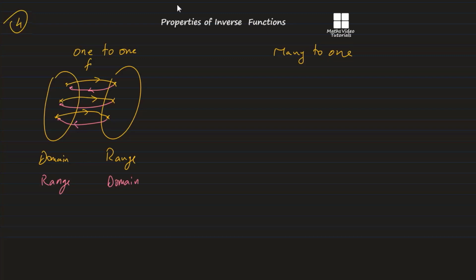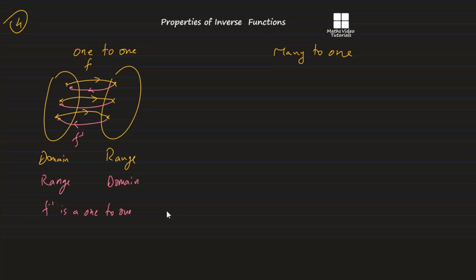So you can see the function f is a one-to-one. It is a function, and the inverse is also a one-to-one function. So a one-to-one will produce an inverse function which is also one-to-one.